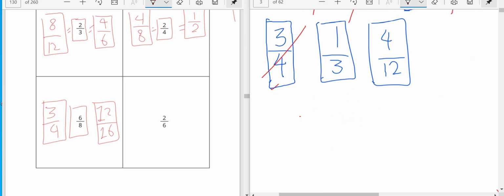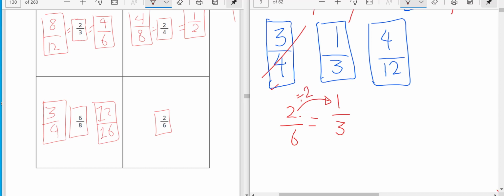Now we have two cards, 1 over 3 and 4 over 12. We will check if 2 over 6 equals 1 over 3. 2 becomes 1, and 2 divided by what equals 1? Yes, 2 divided by 2.